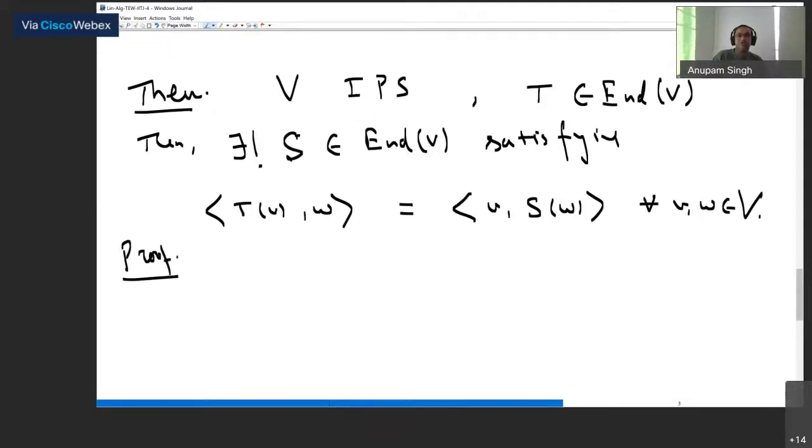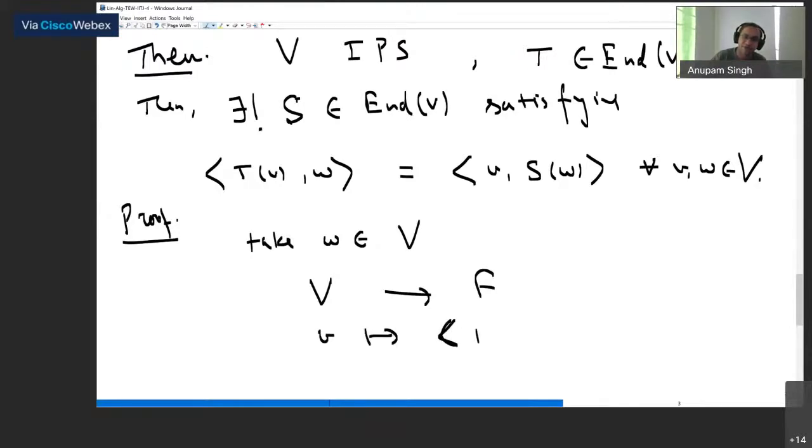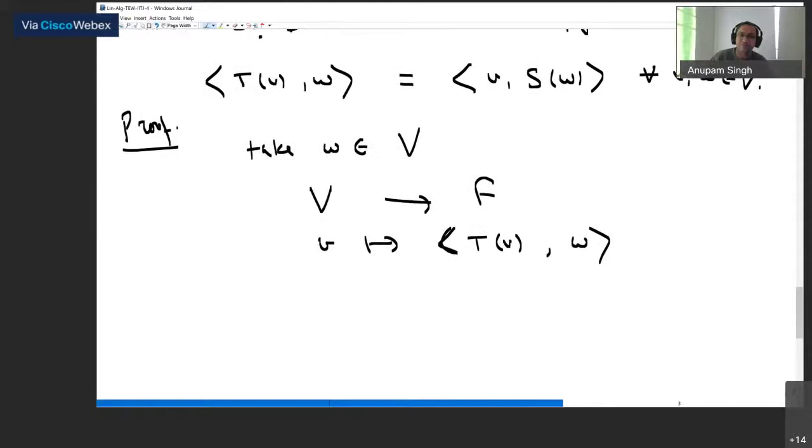The proof will use the Riesz representation theorem which we proved just now. So let's take any w in V. Now I can define a map from V to F because I'm given T already. I'll define this map to be: take any vector v, evaluate it at T v, and then take the inner product with w.